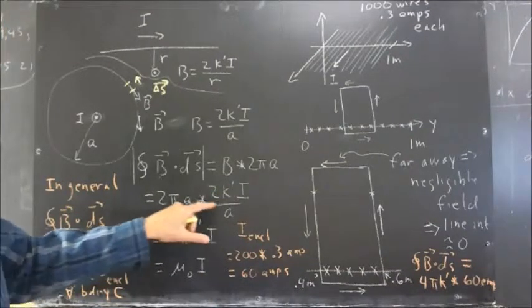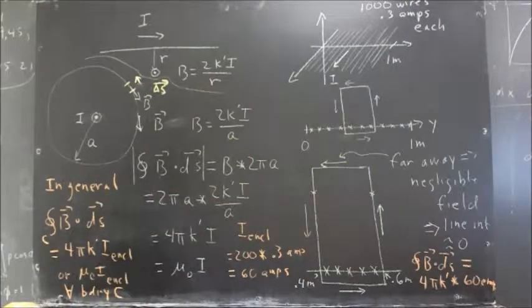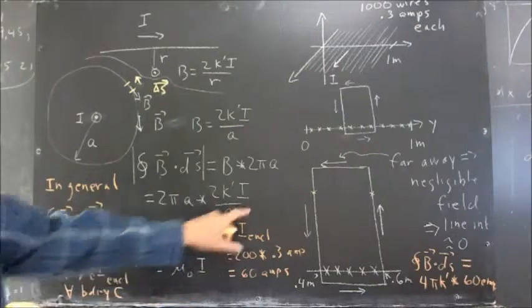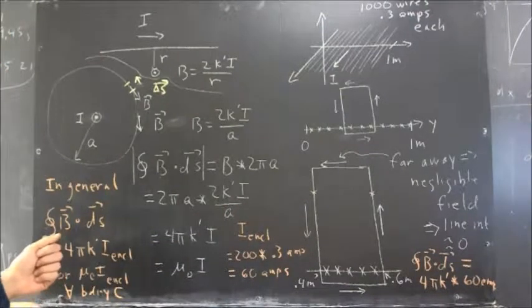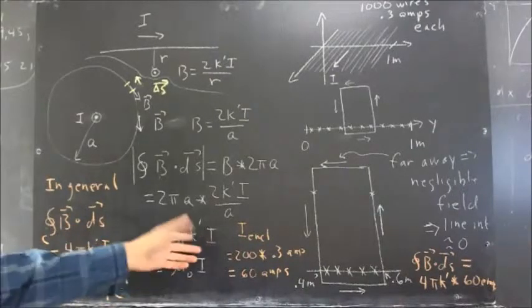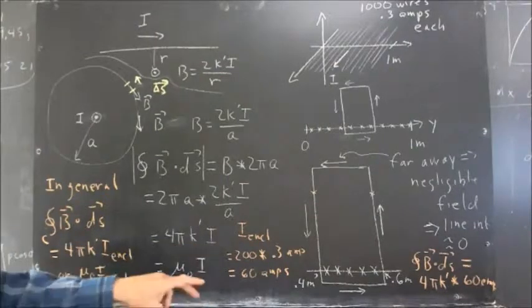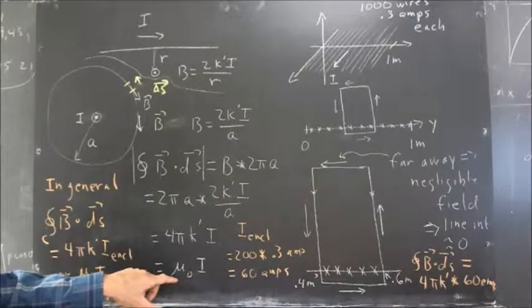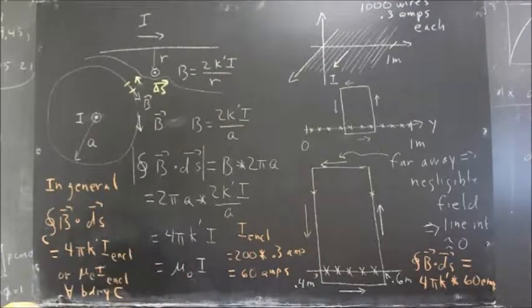We get the 2 pi A times the field 2k prime I divided by A. Again, the negative is taken care of by the sign of the current. And we end up then, just multiply this up, 4 pi k prime I, and that's equal to mu naught I, since mu naught is equal to 4 pi k prime. Okay, so that's going to be the result.